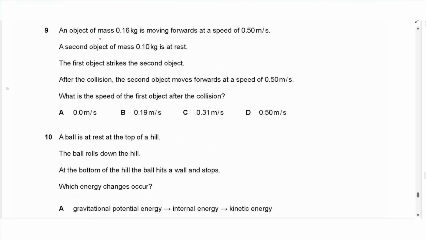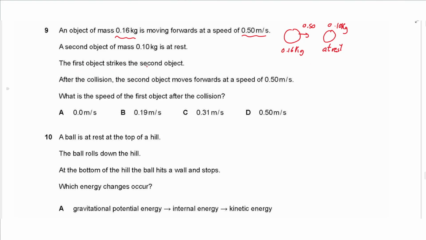Question 9 says an object of mass 0.16 kilograms is moving forward at a speed of 0.50 meters per second. A second object of mass 0.10 kilograms is at rest. So we have the first object of mass 0.16 kilograms and a velocity of 0.50 meters per second moving towards an object that is at rest and has a mass of 0.10 kilograms.